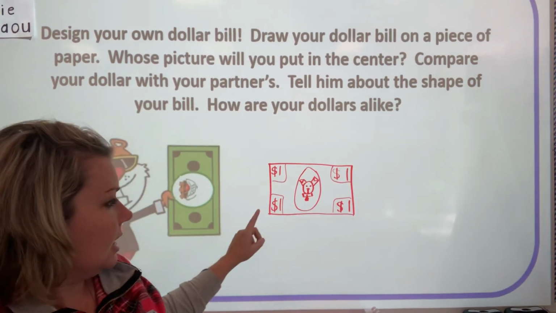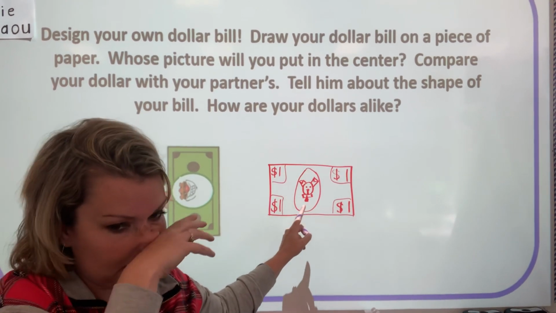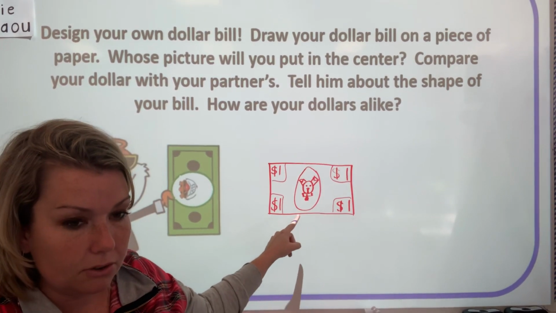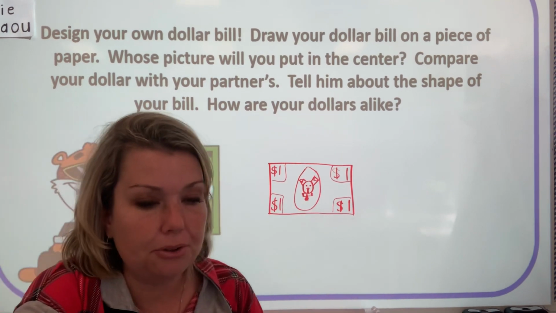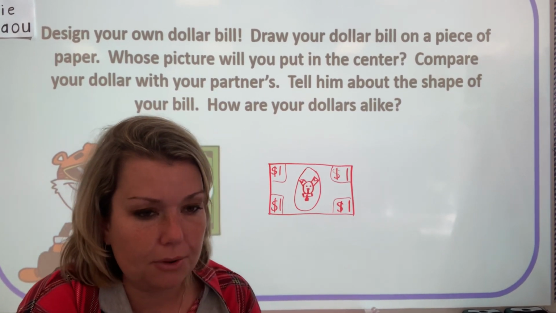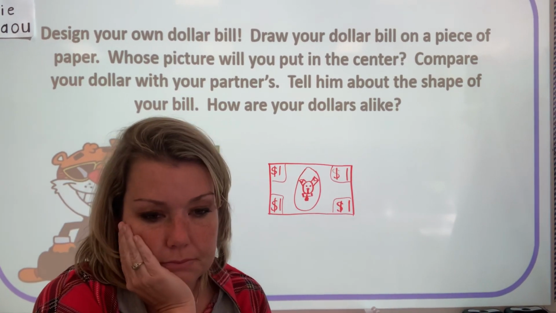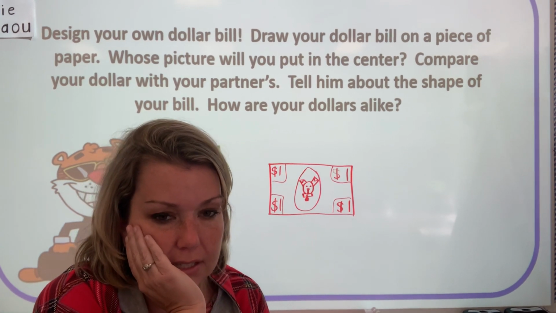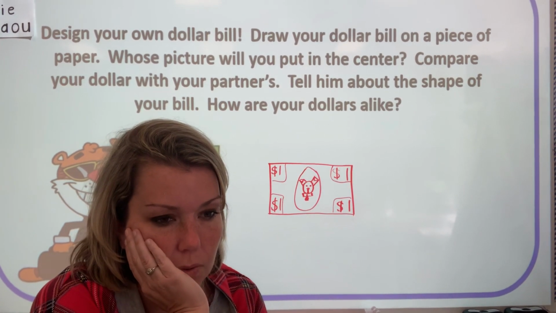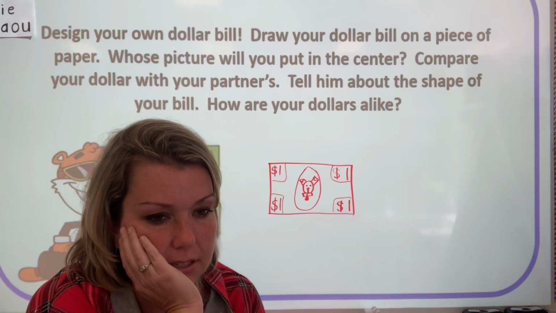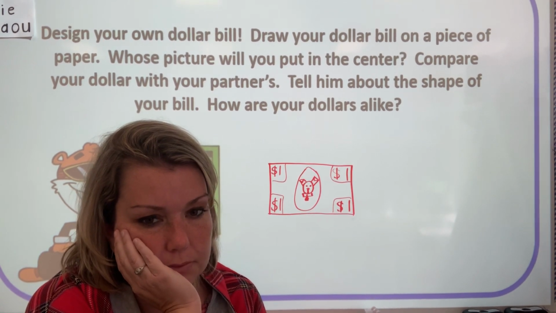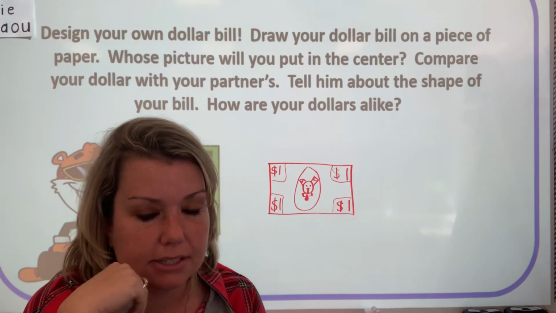So let's look at Miss Kate's. Here's my dollar. I put my dog in the middle. Smearty put hearts in the middle. How are they similar and how are they different? Who could tell me? Grant?